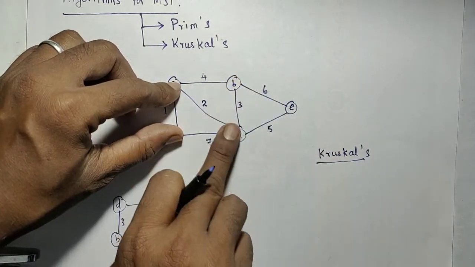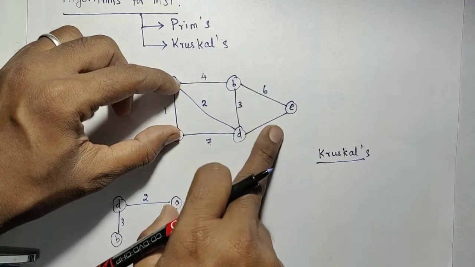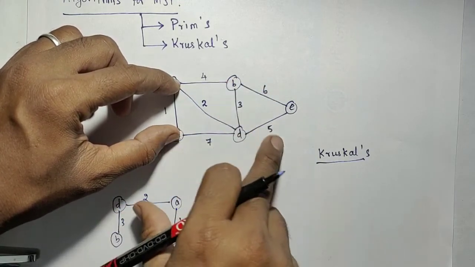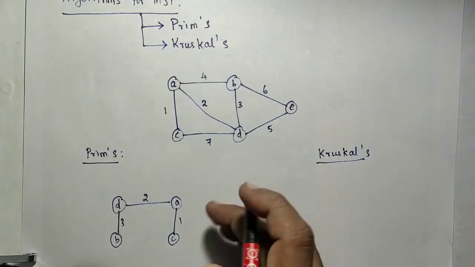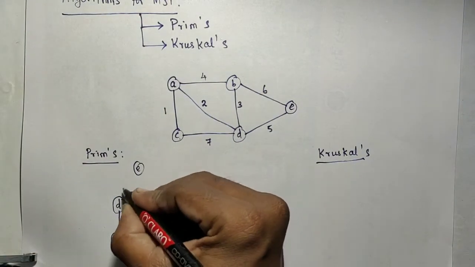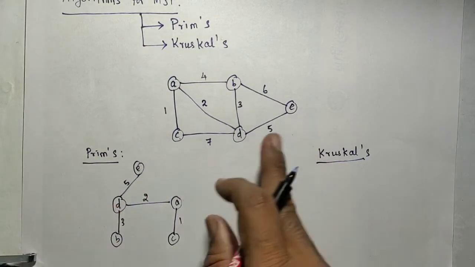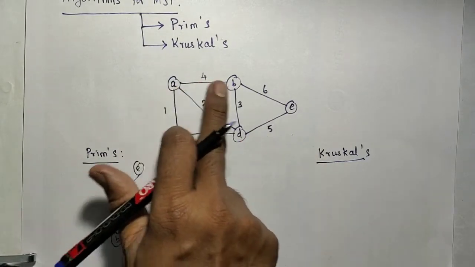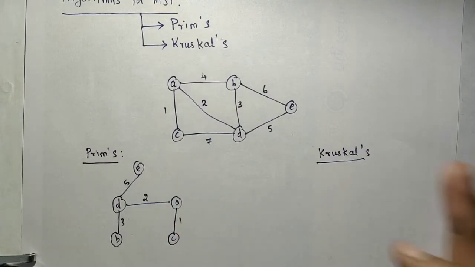Among the remaining edges, 5 and 6 alone, which is the least? It is 5. So 5 means D to E is 5. We add that into the spanning tree. Now all the 4 vertices are added to the spanning tree, so we can stop the procedure.